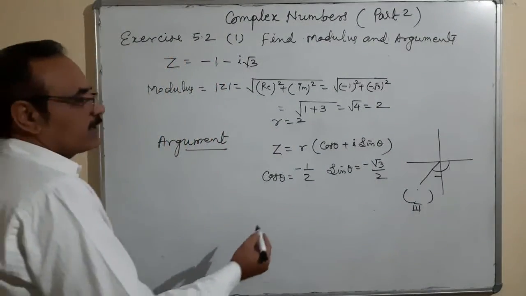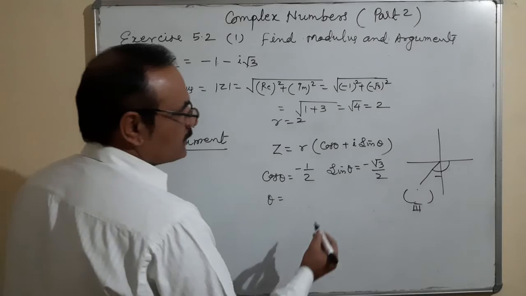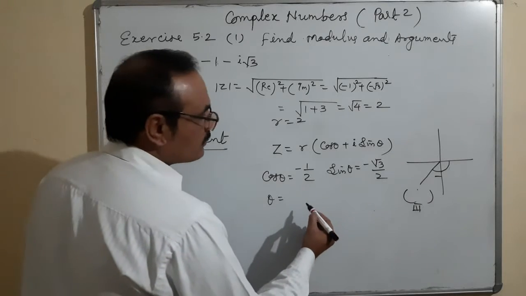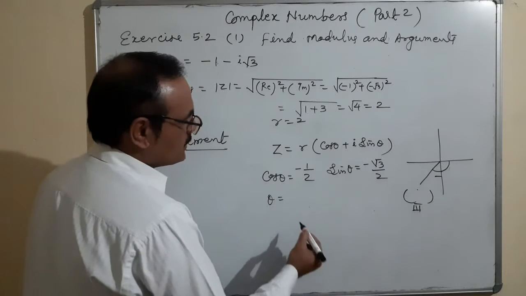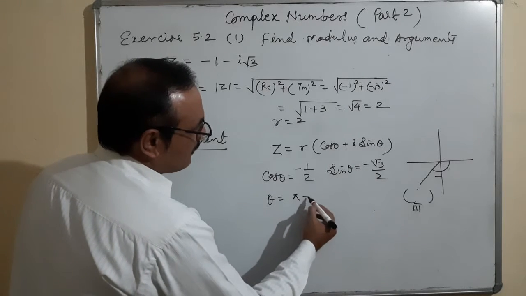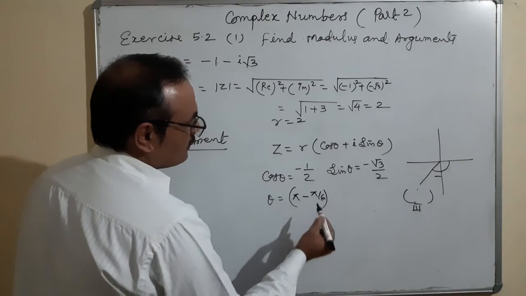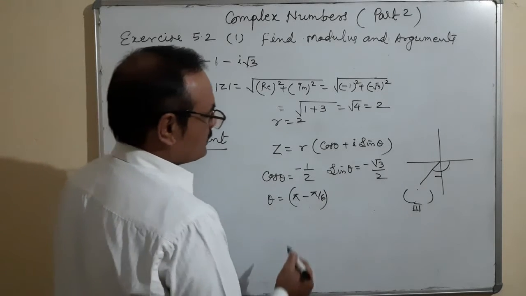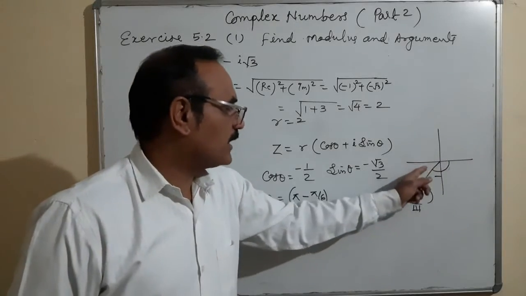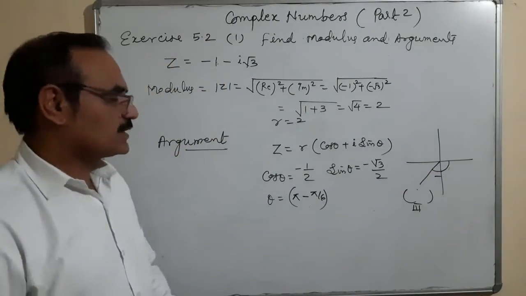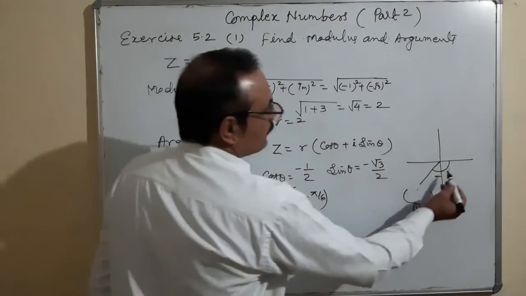So how to write here? We can write the value of theta is equal to 1 upon 2, 60, that means pi by 3. Pi plus pi by 3 gives pi plus 60, 240, okay? But we are counting from here.